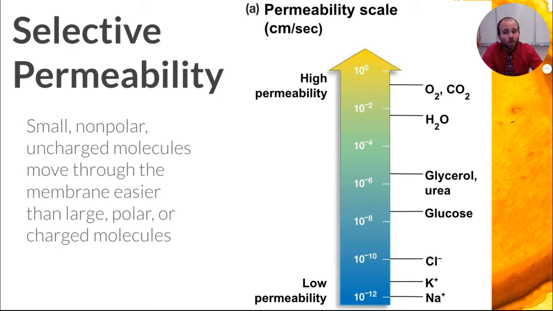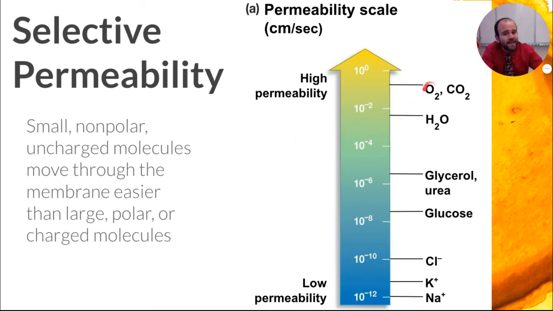Remember, if it's nonpolar, it's not going to have a problem going through that nonpolar region of the tails. Additionally, really big things, even if it is polar, are going to have trouble fitting through all those phospholipids. And if it has a charge, that's going to be attracted to polar regions. And so it's going to have a tough time in those non-polar areas.